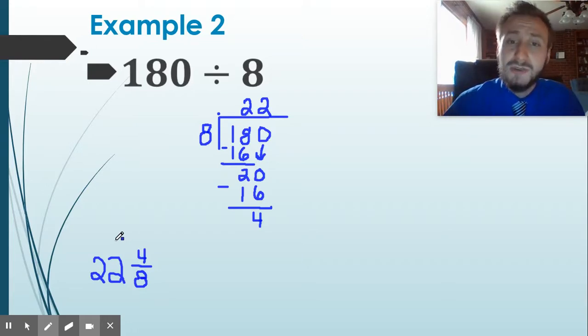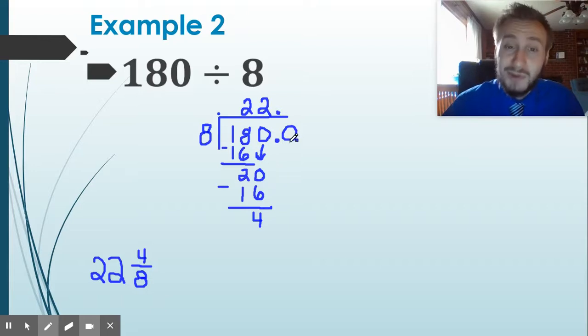And the way we do that, pay close attention, when you're here and you don't have any other numbers you can bring down, what you do is you add a decimal right here, and then put the decimal up top as well, and then you add a 0.